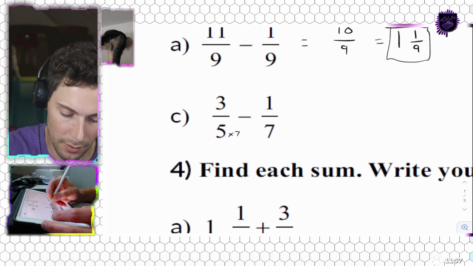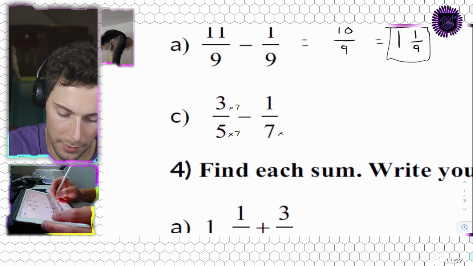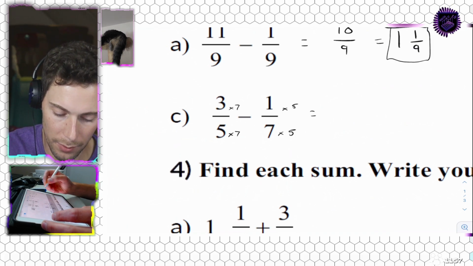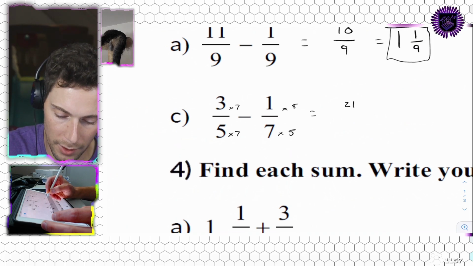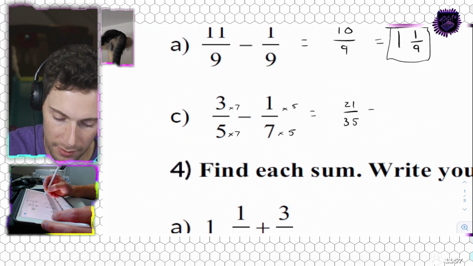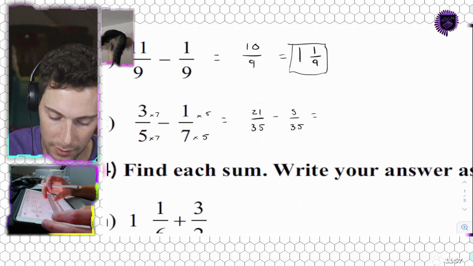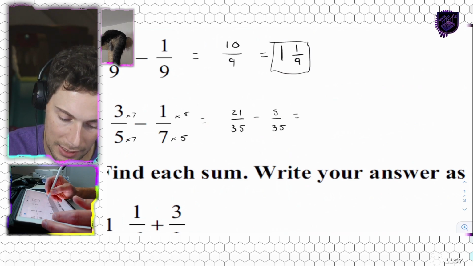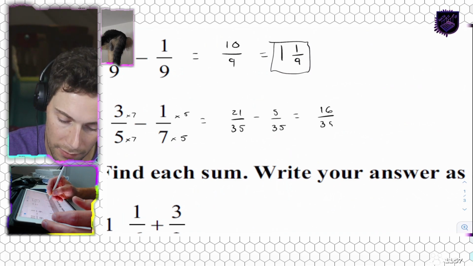Times 7, times 7, times 5, times 5, and this will equal 21 over 35 minus 5 over 35, which will equal our answer of 16 over 35.